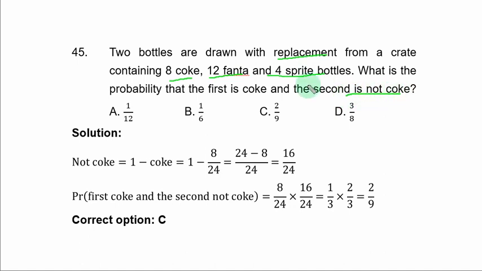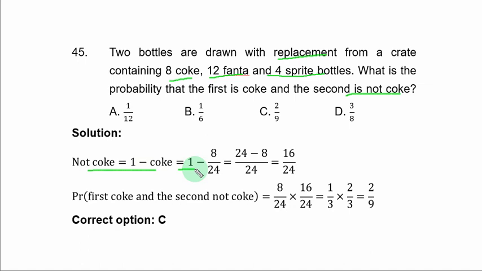So you have to get not Coke. Now, Coke plus not Coke is equal to 1. So not Coke is equal to 1 minus Coke, and that is 1 minus 8, the number of Coke, over the total bottles in the crate, 24.